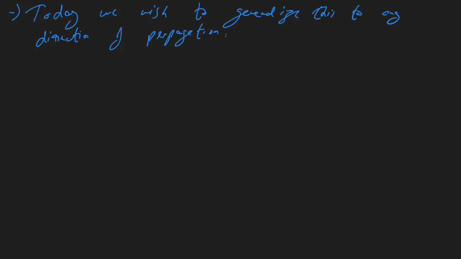More specifically, you have some interface between two materials of, let's say, refractive index n1 and n2. This is the surface normal, n hat.